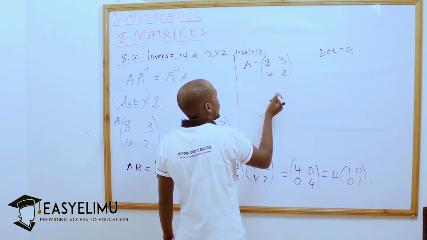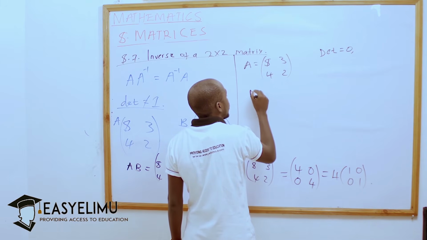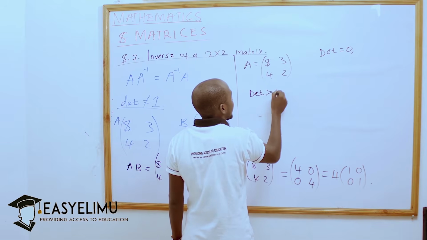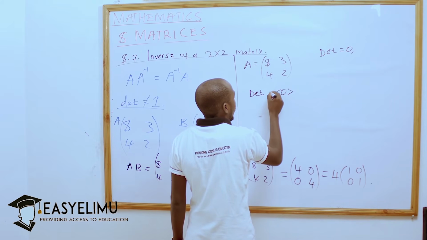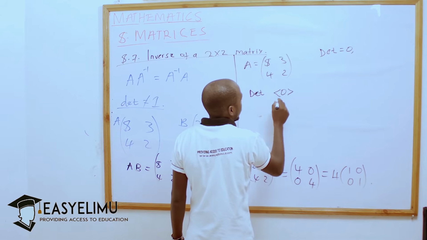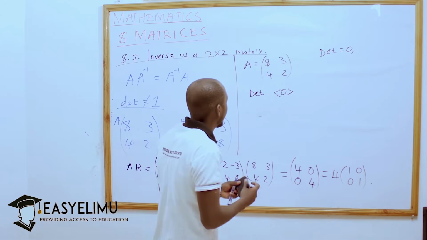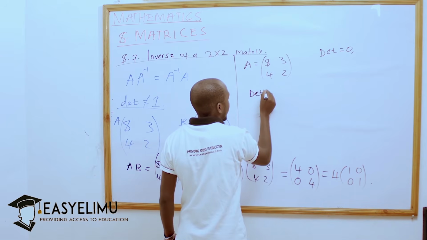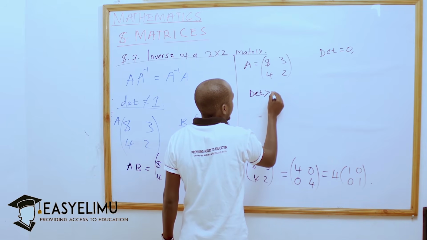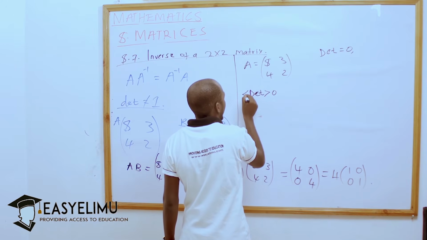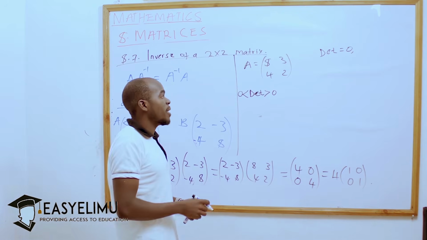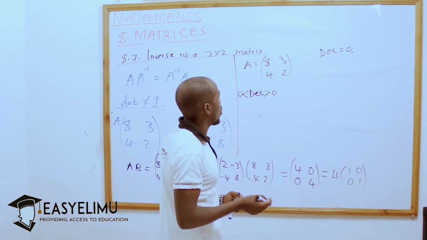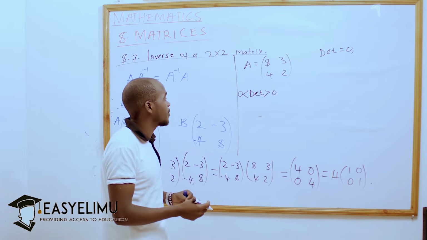So if you find the determinant is not equal to 0, the determinant may be greater than 0 or less than 0. So the determinant may be in negative form or positive form.